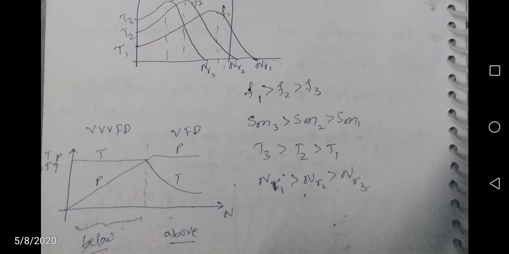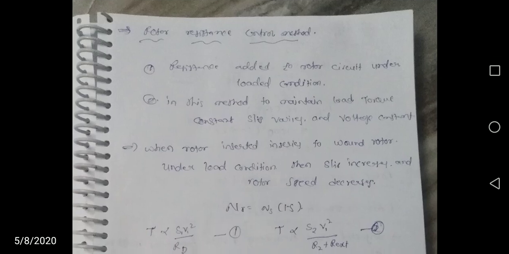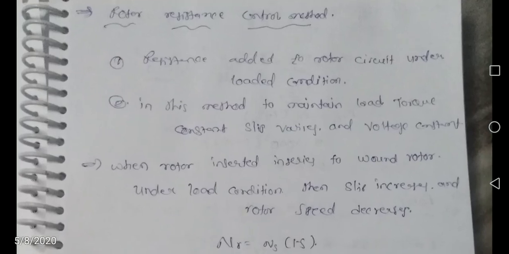Variable voltage, variable frequency drive. So the frequency control method is over. In the frequency control method, for below rated speed, the variable voltage, variable frequency drive method is used, and for above rated speed, the variable frequency drive method is suitable.